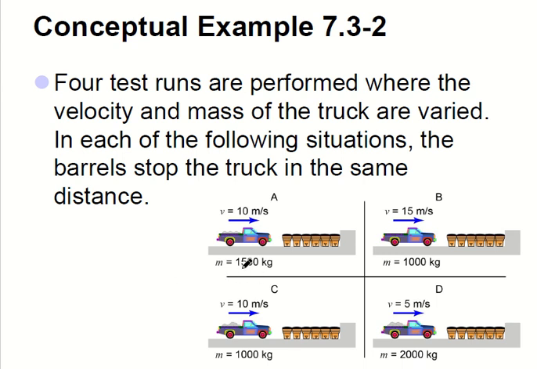So we have a 1,500 kilogram mass in situation B. Of course, in A it's 10 meters per second, and here you have 15 meters per second. Speed is going up with a smaller load, as the truck is 1,000 kilogram. Here, 1,000 kilogram with 10 meters per second, and 2,000 kilogram with a very slow 5 meters per second.